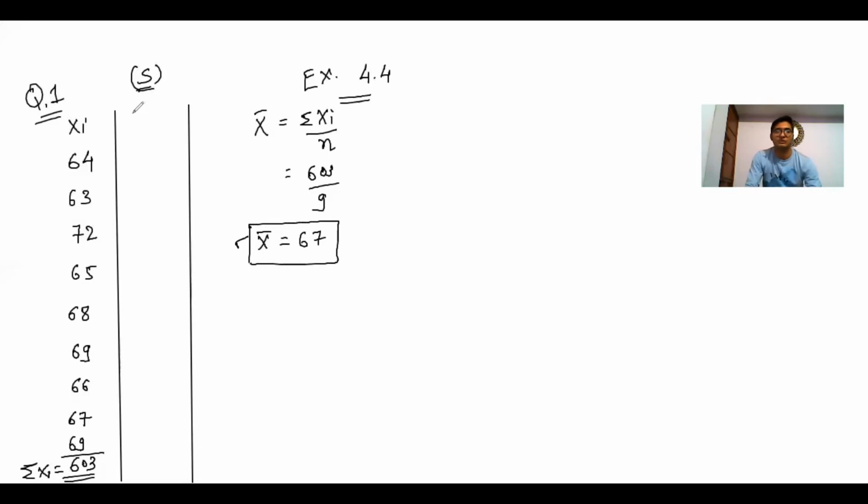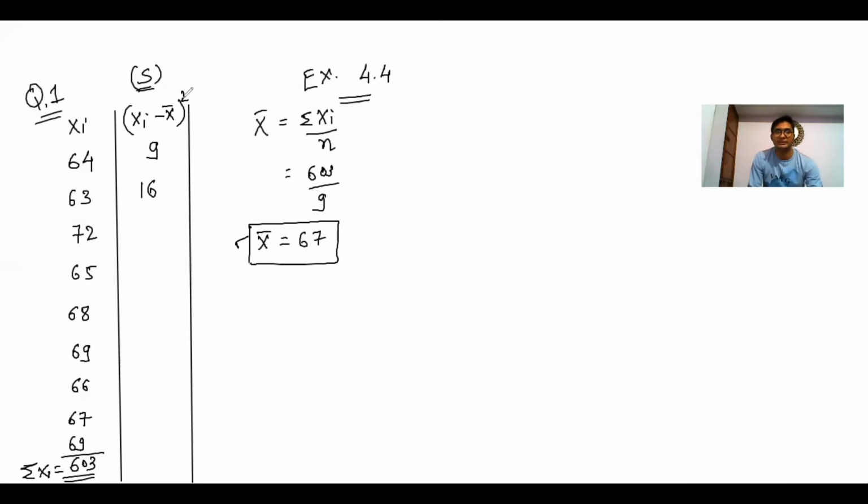So now the second column is xi minus x bar, whole square. It means 64 minus 67, our answer is minus 3, and the square of minus 3 is 9. Again 63 minus 67 is minus 4 and the square of minus 4 is 16.